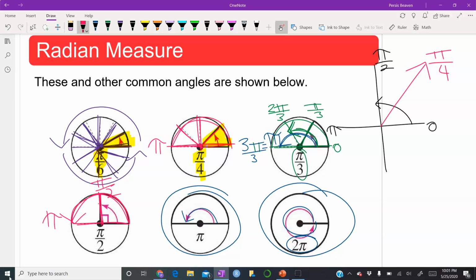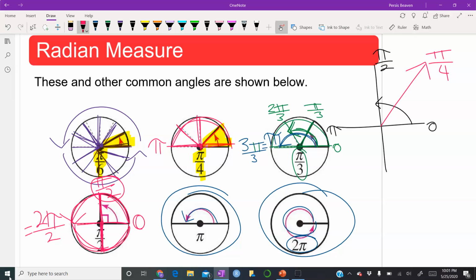If we were to continue, and because we will do this pretty soon, if we were to label every single point based on those type of measurements, pi over 2's, this will be 0, this will be pi over 2, this will be 2 pi over 2, which is equal to pi, we know that.